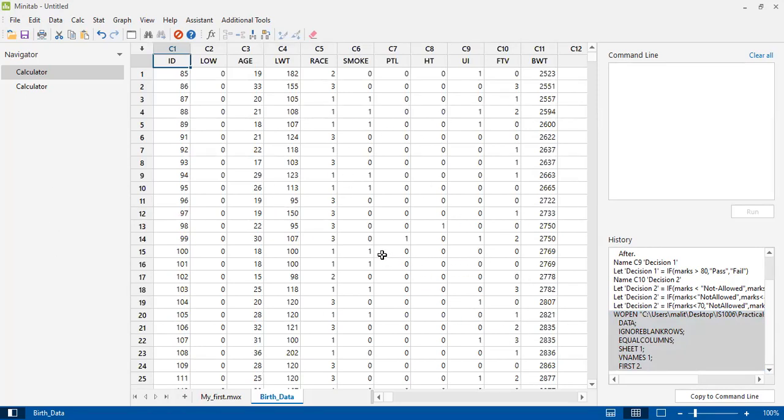While looking at this table, we can't get a better idea about the data, right? That is why we go for data visualization. Data visualization gives us a clear idea about the data set.